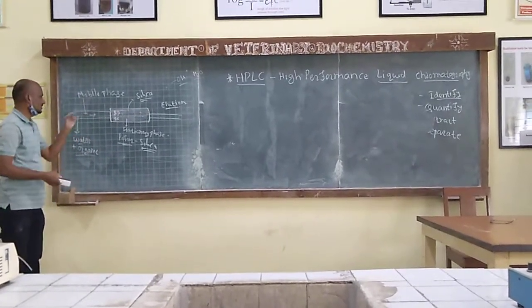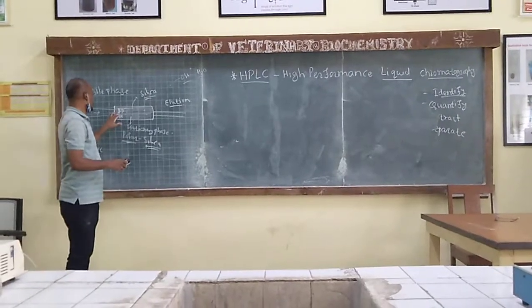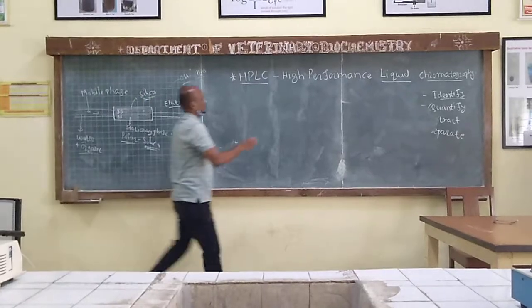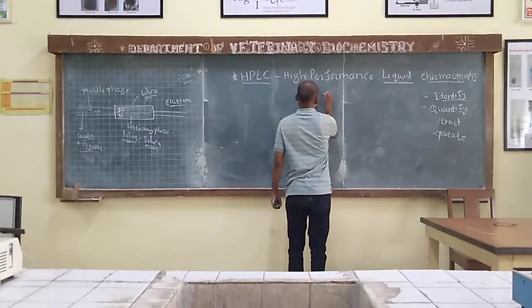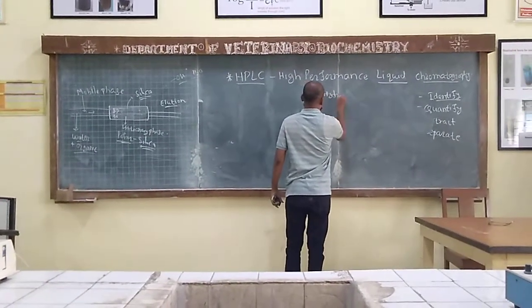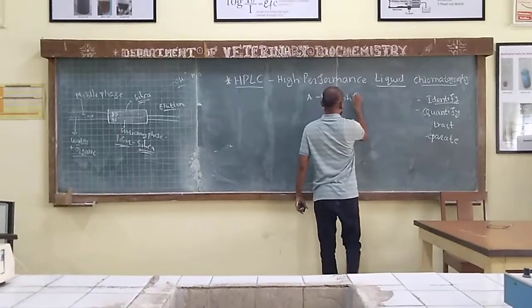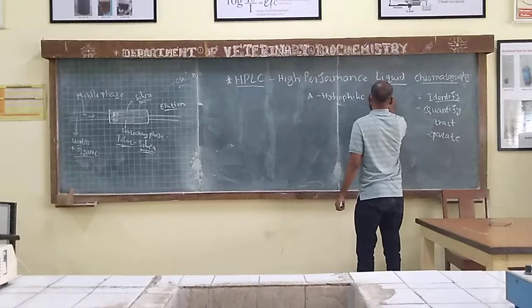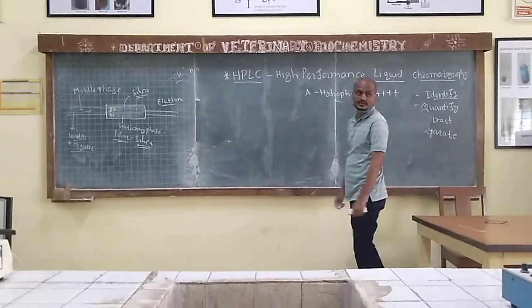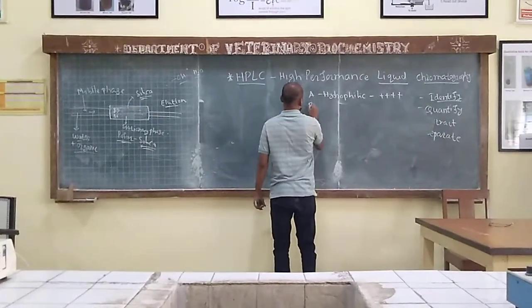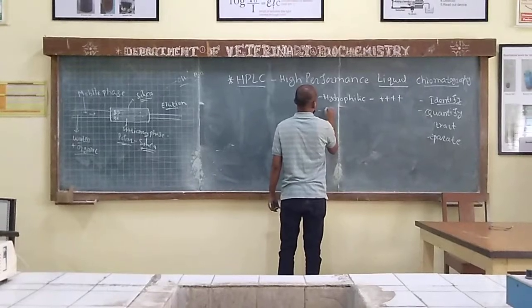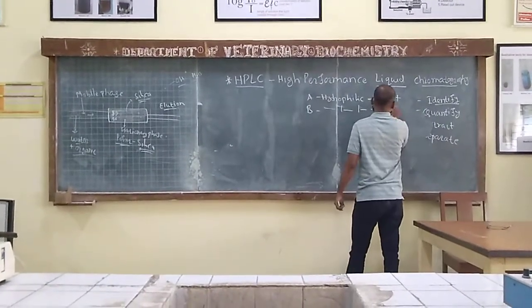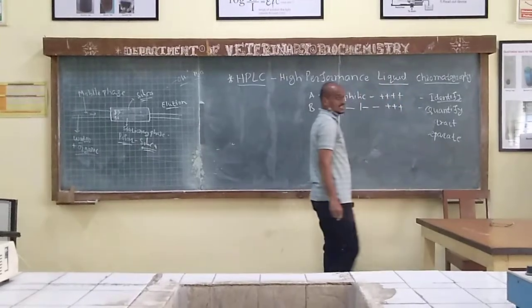Okay, so our point was that we have a molecule A which is very much hydrophilic. B molecule is also hydrophilic, but less hydrophilic.